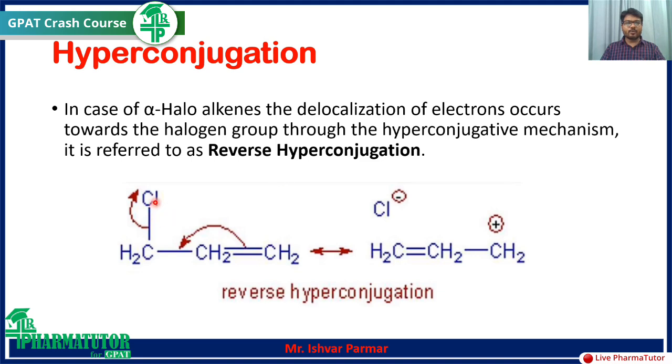Here a proton, meaning hydrogen, was present. It releases the electron towards this pi system. This chlorine is electronegative. It pulls the electron towards itself and gets a negative charge, forming no bond structures. So it is called reverse hyperconjugation.